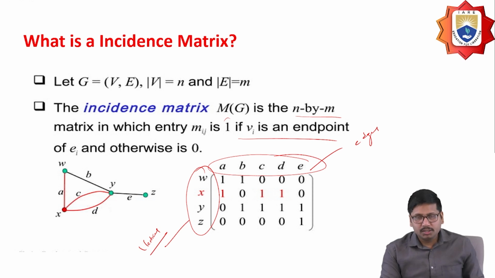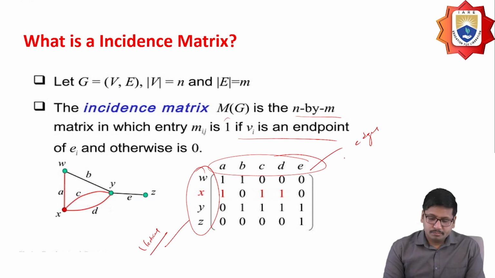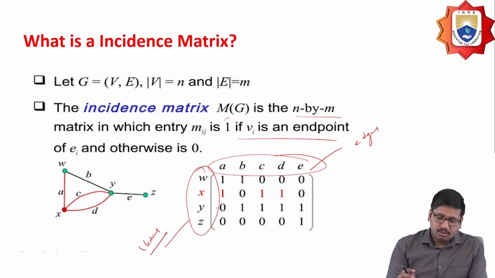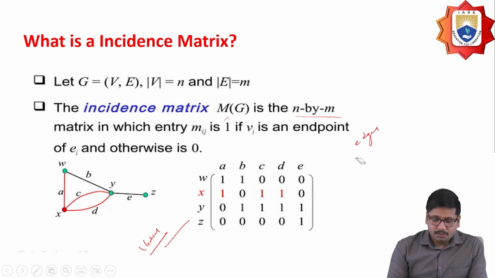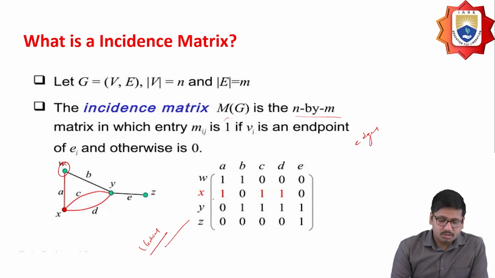So these are the vertices and these are the edges. What edges does vertex W have? A and B, those two edges belong to vertex W. So those should be 1, and the remaining all should be 0.